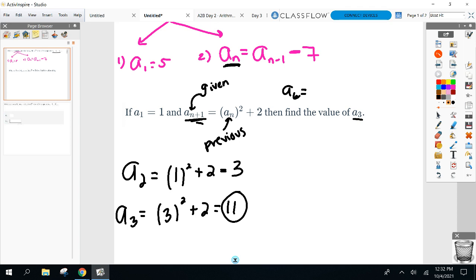You better find A5, square it, and add 2. That's what that's saying. Up here, I wrote it as A sub N. But look, when I pair these 2 together, that makes that one the previous. Okay? Other comments or concerns before we move on today to a special type of sequence?